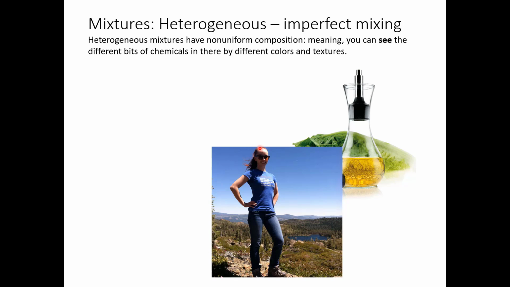Similarly, consider the hair versus the rest of the head. If it was a perfect mixture, there would be the same amount of hair throughout the entire human, and you wouldn't be able to tell the difference between where the hair starts and the skin starts. Also, if you were to bisect a human, you could start looking at the different layers that compose a human.